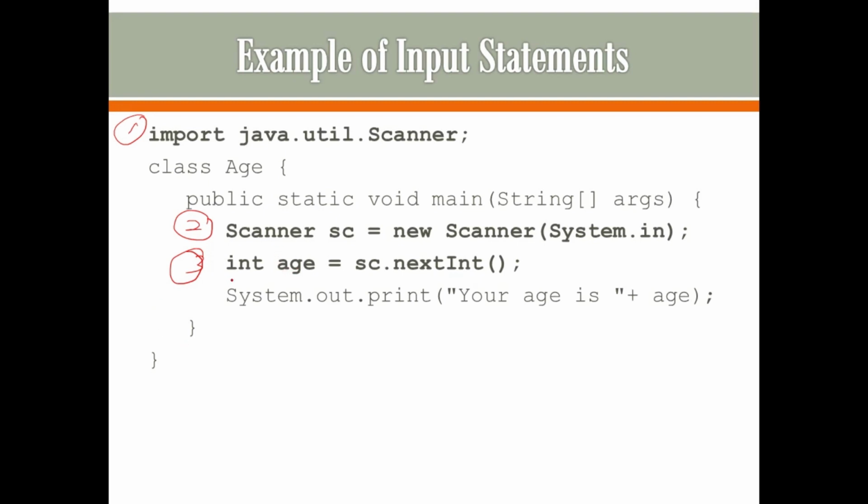If you don't want to write it in one statement, you cancel here and put int age semicolon. You have two ways to write the input statement and the declaration of the variable.